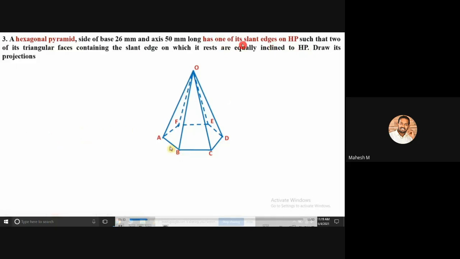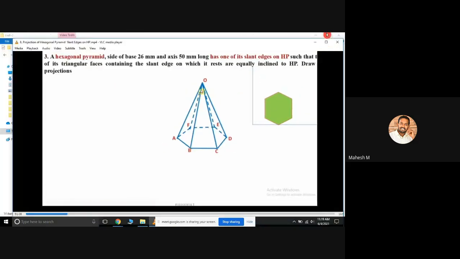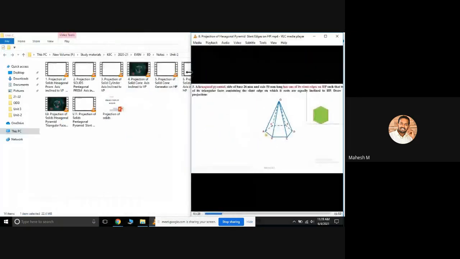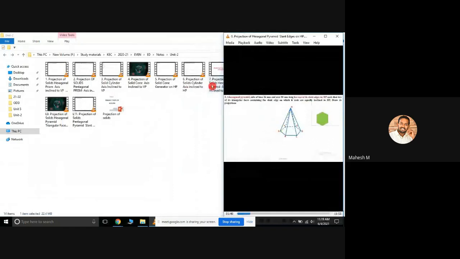But look at this slant edge. If you create an edge hexagon, then only a triangular face will be on HP. So for the slant edge to be on HP, compulsorily you have to create a corner hexagon. Okay, so please look at another diagram.